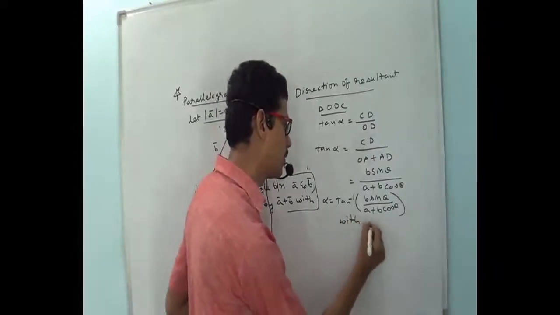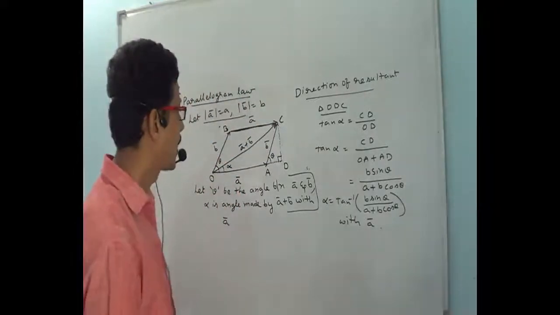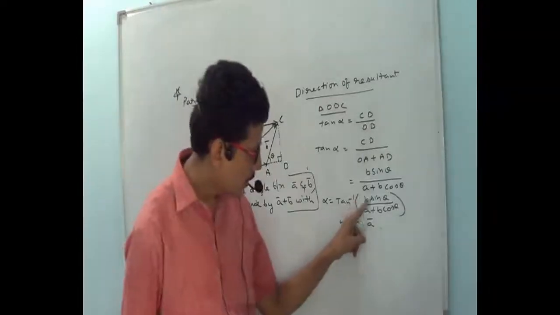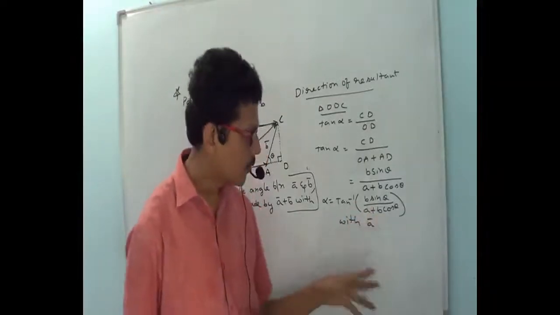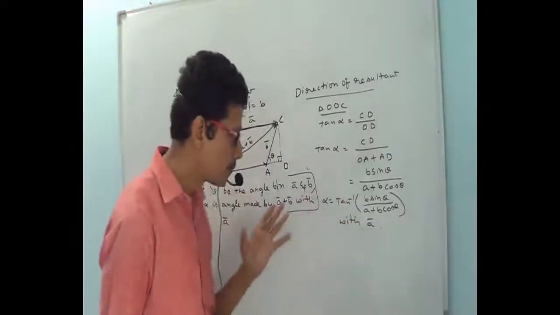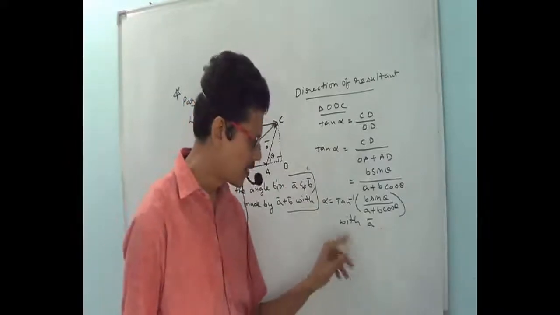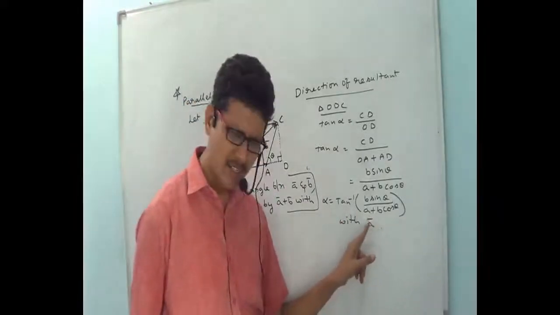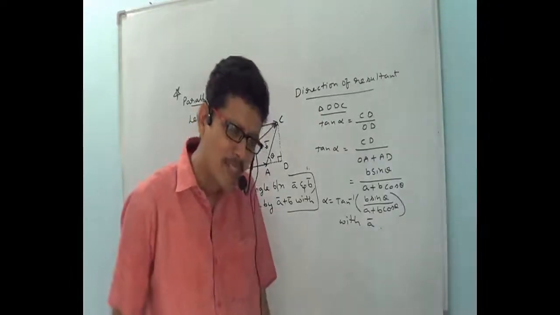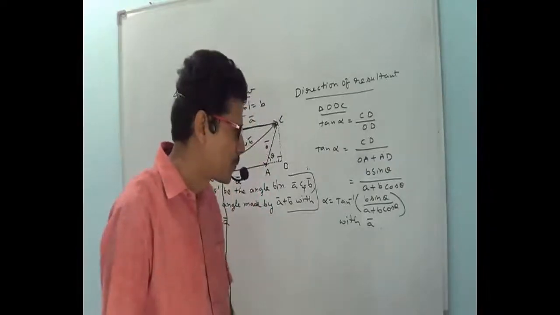With A bar. If he asks what is the angle made by the resultant with B bar, then you take A sin theta by B plus A cos theta. You can reverse it. In the exam, if the angle made by the resultant with A bar is asked, then alpha is equal to tan inverse B sin theta by A plus B cos theta.